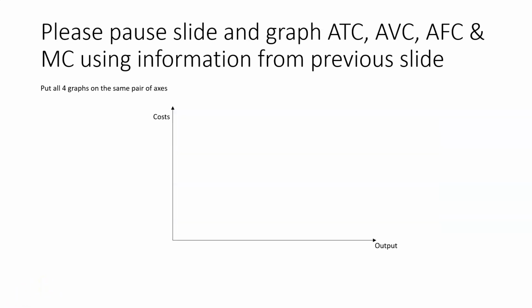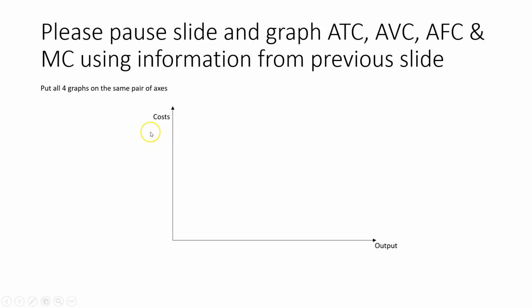Now, what I'd like you to do, again, is to pause the slide for a moment and graph your average total cost, your average variable cost, your average fixed cost, and your marginal cost.